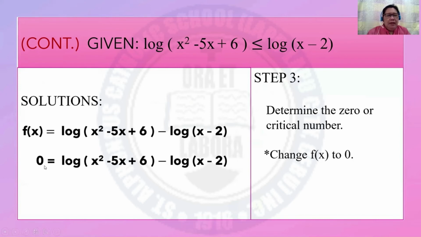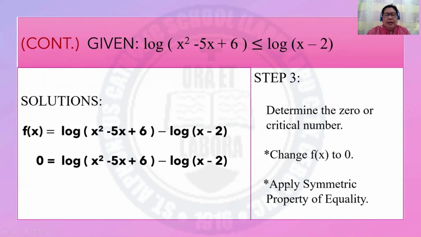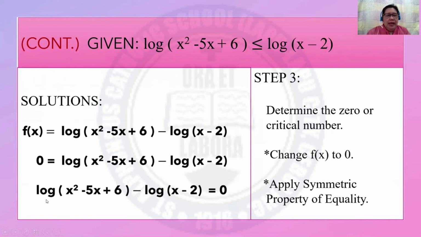Then what we have is 0 is equal to the logarithm of this trinomial minus the logarithm of this binomial. And then apply the symmetric property of equality. So what we have, the logarithm of the quantity x squared minus 5x plus 6 minus the logarithm of the quantity x minus 2 equals 0.